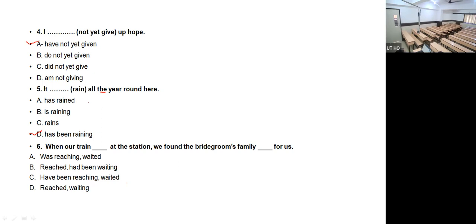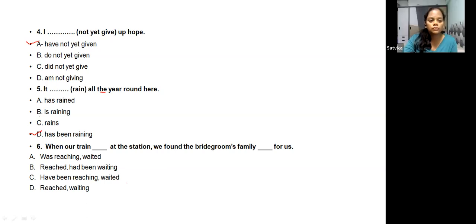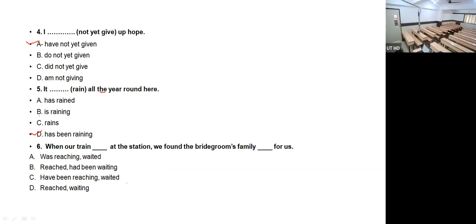"It is raining" would not be correct. It could be either "has been raining" or "rains." If it is a stated fact, then it would be "rains." Or "has been raining all year round." So I think we would rather go with a stated fact, which would be a better option. This is rather ambiguous.